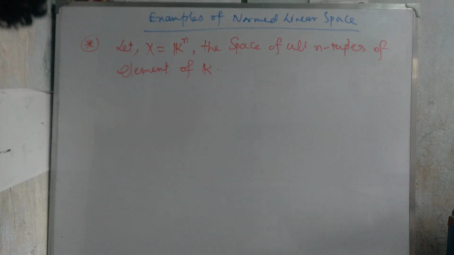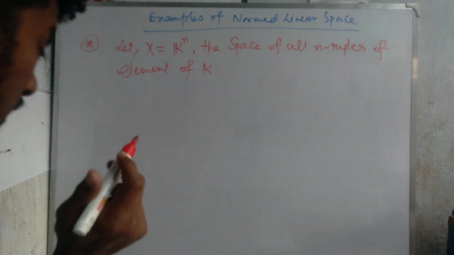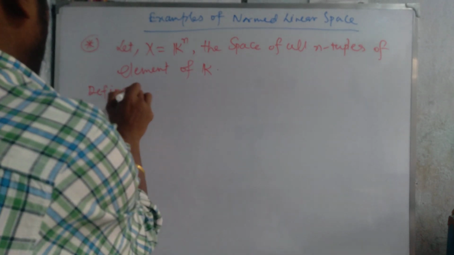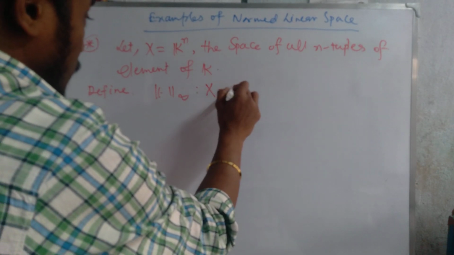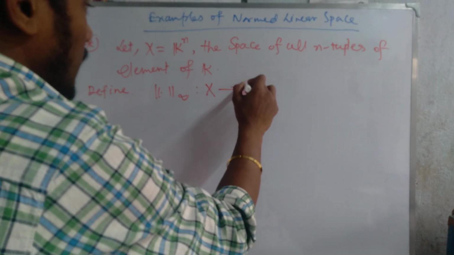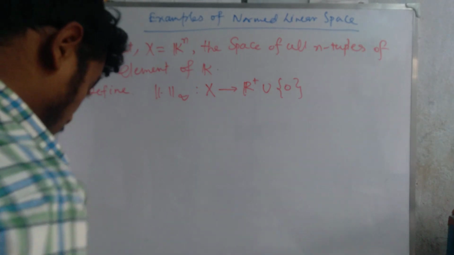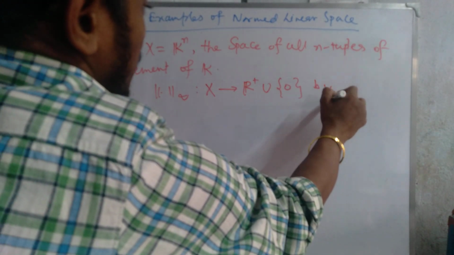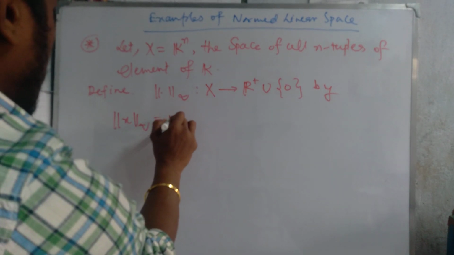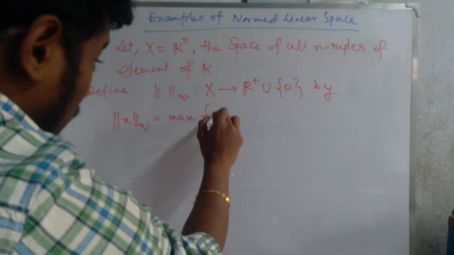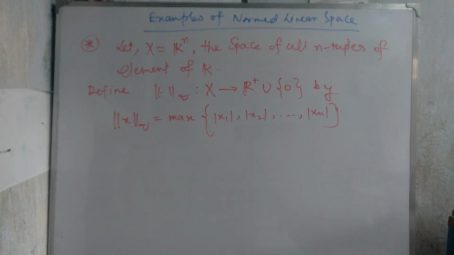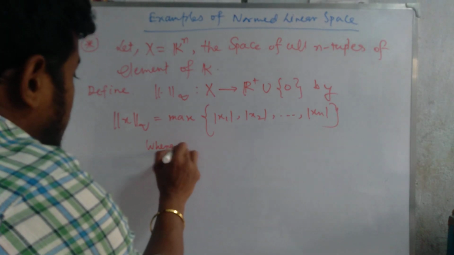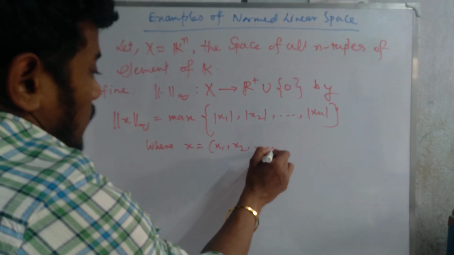Then we define a norm, the norm infinity, from X to R plus union 0, by norm x infinity equal to the maximum of mod x1, mod x2, dot dot dot, mod xn, where x equal to (x1, x2, dot dot dot, xn).